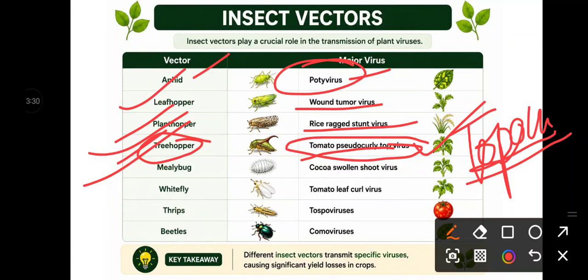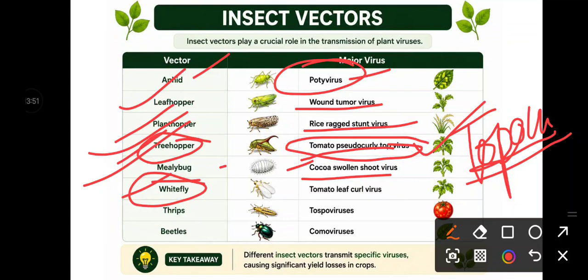This treehopper transmits only this single virus, tomato pseudo-curly top virus. So remember this. Then mealybug transmitting cocoa swollen shoot virus. Mealybug is a very less efficient insect vector that transmits only a few viruses, the badnavirus. So cocoa swollen shoot virus it transmits. Then whitefly transmitting viruses in a semi-persistent manner, especially the begomovirus.